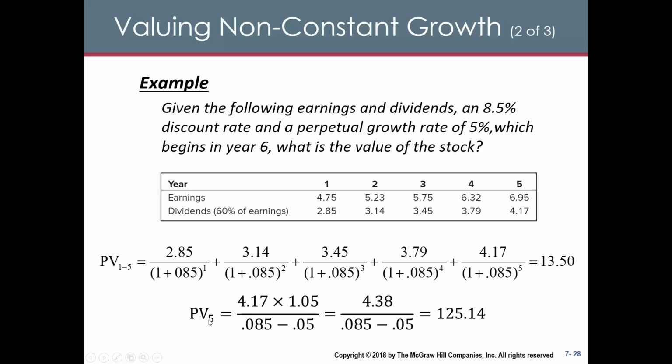This is the value that's equivalent to the present value in year 5 of all the dividends you are going to receive starting in year 6 and afterwards. Okay, that's equivalent to $125.14.